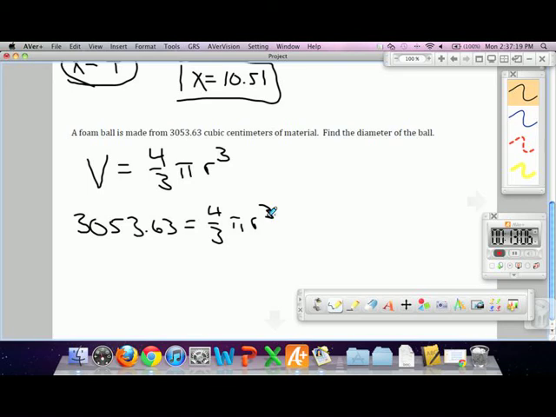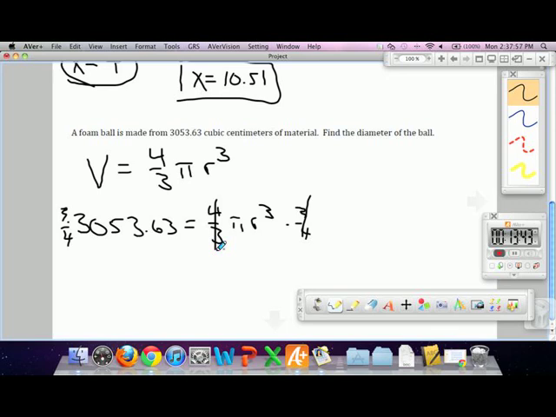Or you could multiply by the reciprocal of 4/3, which is 3/4, so 3,053.63 times 3/4 equals pi r to the 3rd.